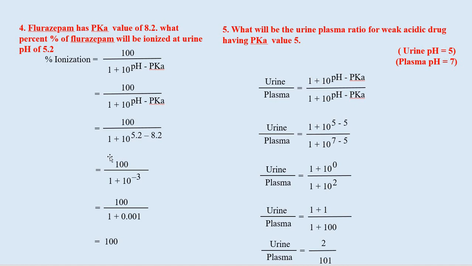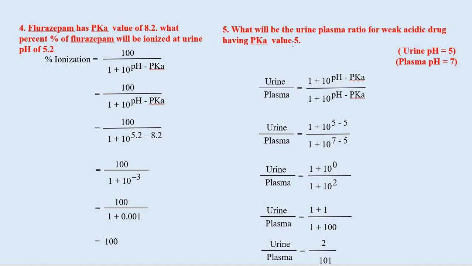So once you understand the above concept, whatever we learn under the Henderson-Hasselbalch equation, you will understand in what cases the drug will get maximally absorbed, and in what case the drug will get maximally eliminated.